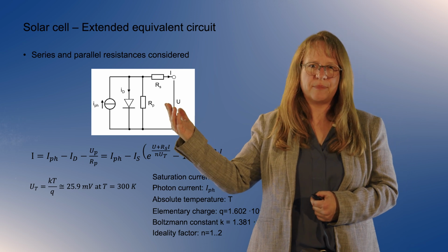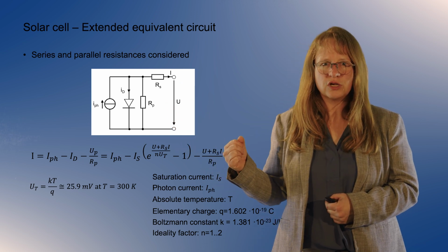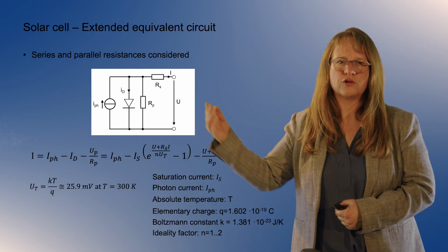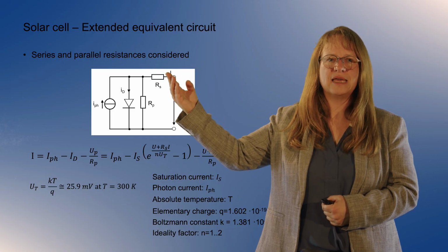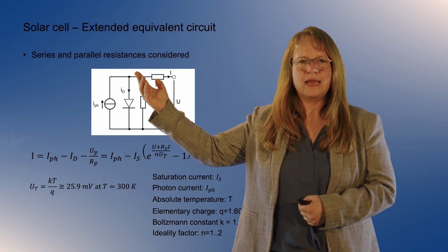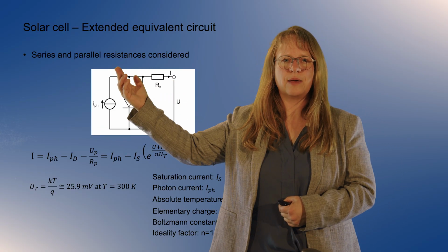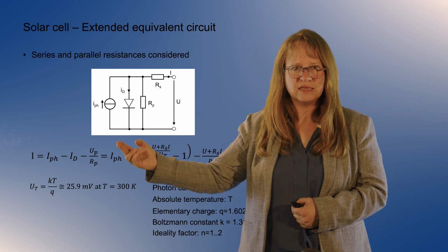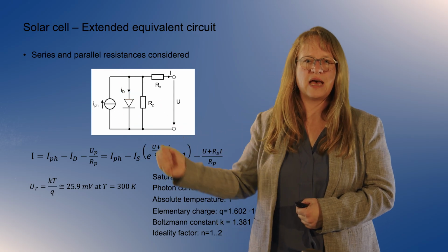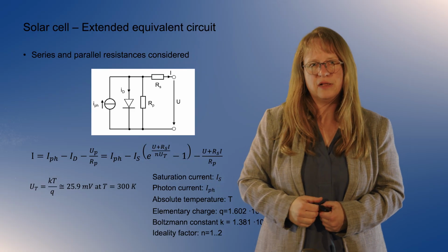Now, if we want to put up the current voltage model for this circuit, we can first consider the total current I again. That is the same current that goes into the resistance here. This current I is the photo current coming from here, minus the diode current going through the diode, minus the current going through this parallel shunt resistance.